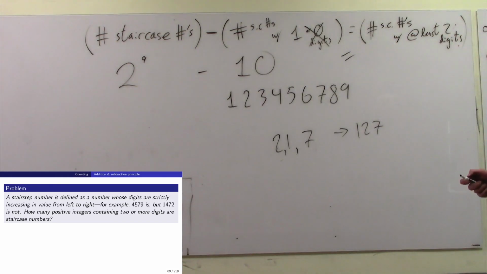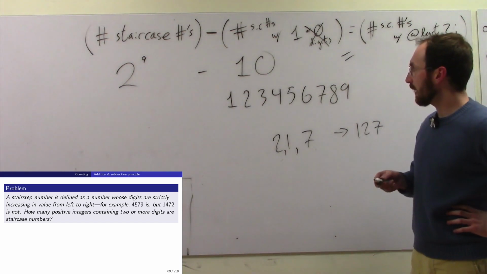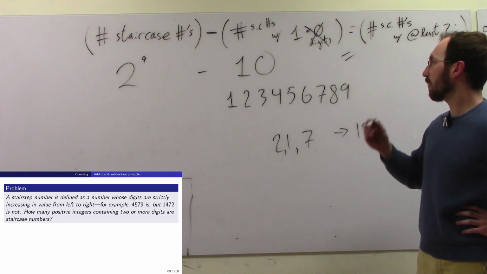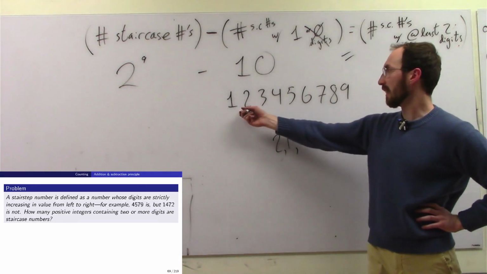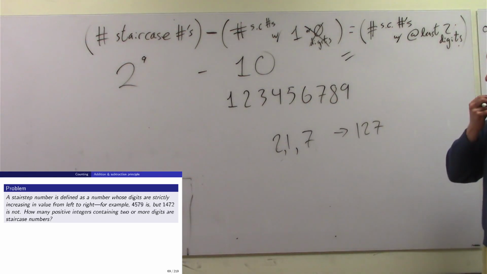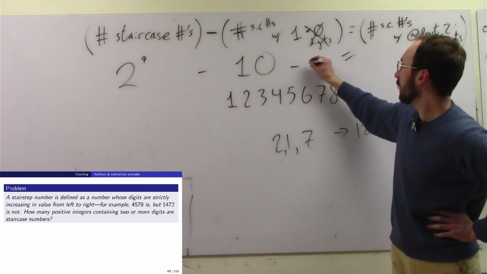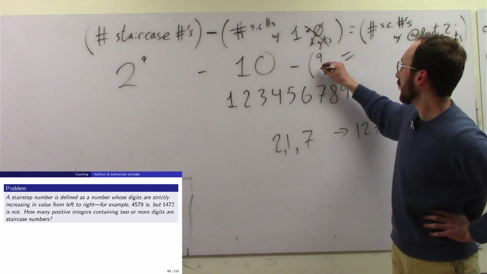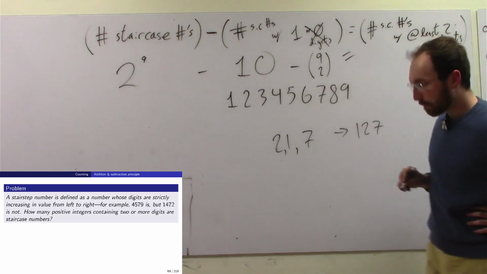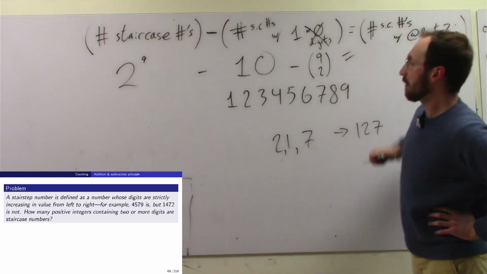If we want to exclude staircase numbers with 2 digits, we'll be back in the scheme where we don't have to worry about 0 ever again. Then we're just picking a 2-set from 9 characters. Yeah, thank you.